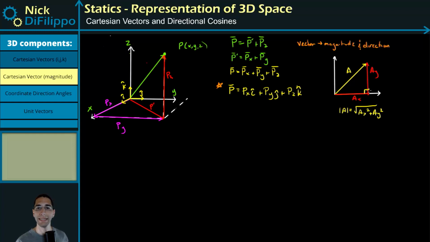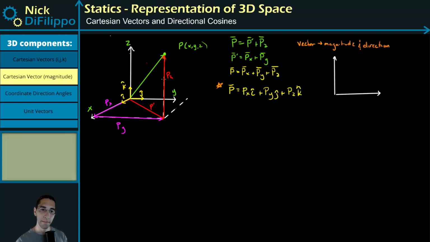We are going to use the exact same concept to figure out the magnitude of the vector in 3D space. So let me get rid of these vectors right here. And the first thing I'm going to look at is this in terms of p prime and pz.